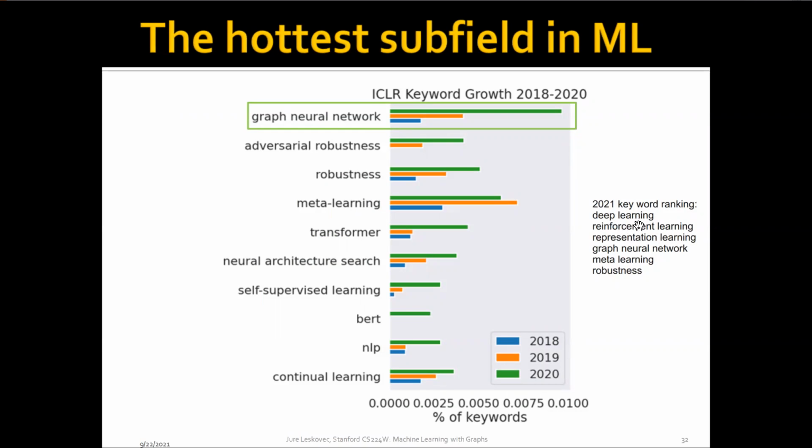So in addition to deep learning and reinforcement learning, which are just very general keywords, you see the representation learning, I believe it can be also applied to graphs. And also graph neural network comes at the top. Yeah, so definitely the graph neural network is one of the hottest fields in machine learning.